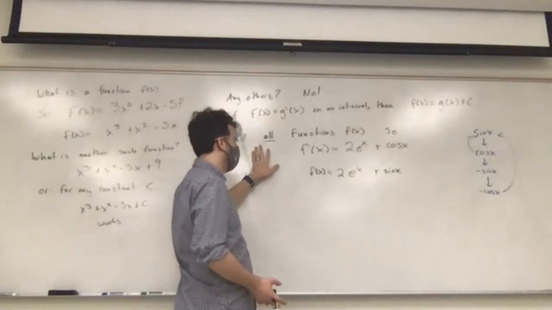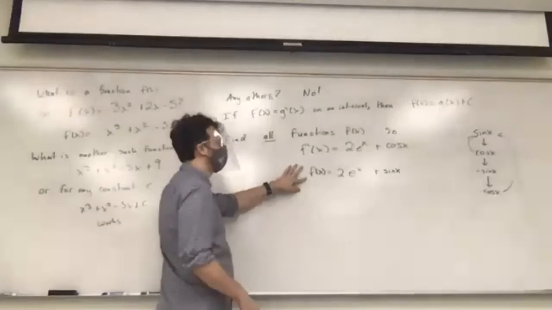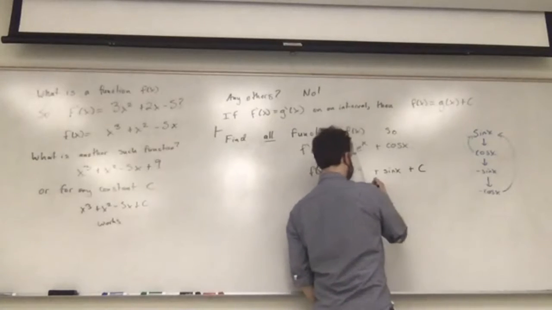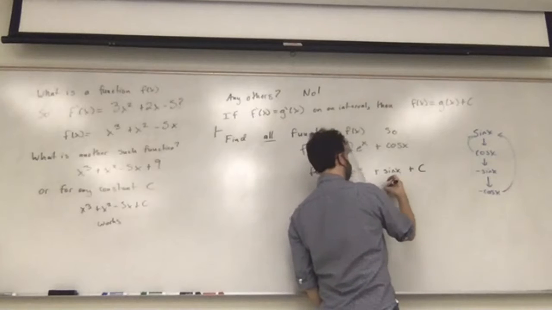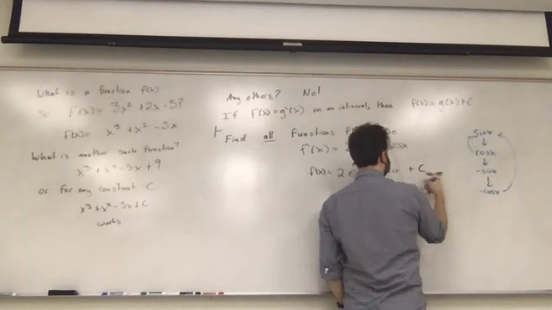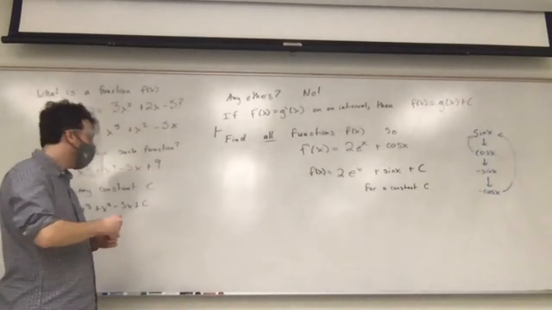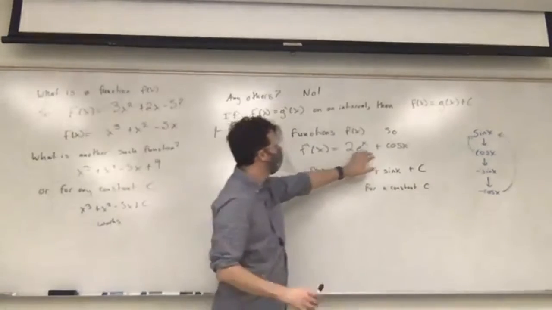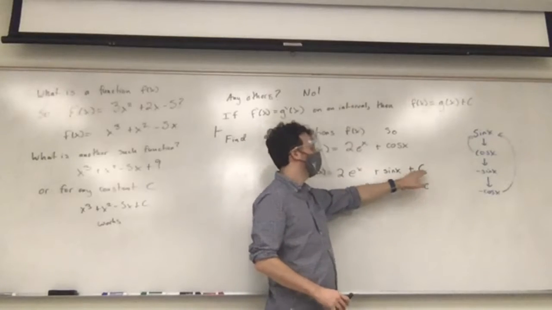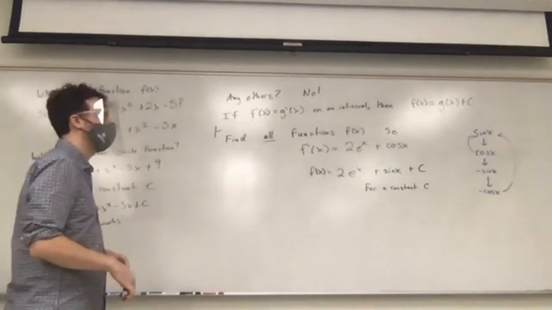This is one function, but we could add on some c here. And that's how you get the rest of it. So every function that has this as its derivative has to look like this: 2e to the x plus sine x plus c, and different choices of constant give you different functions.